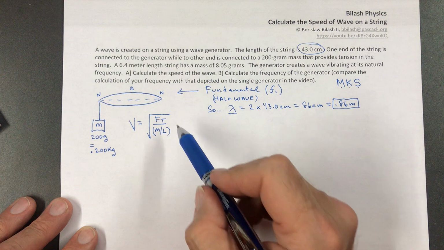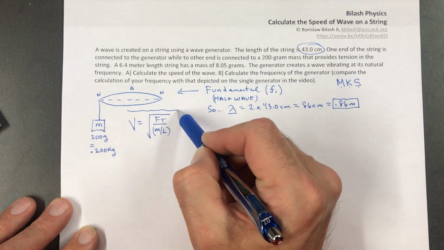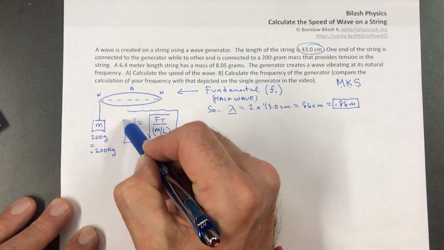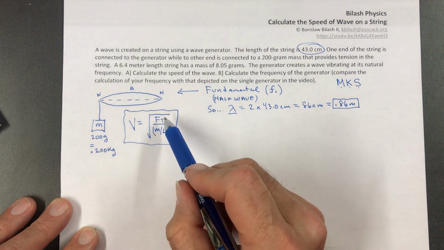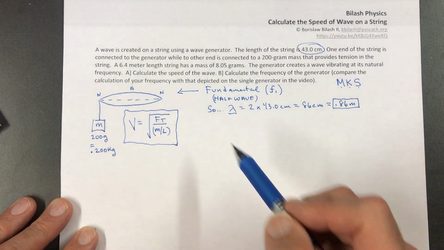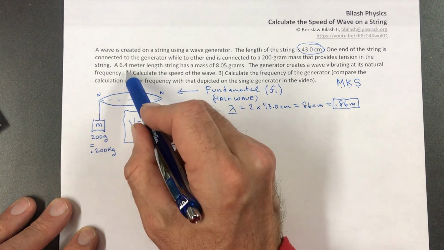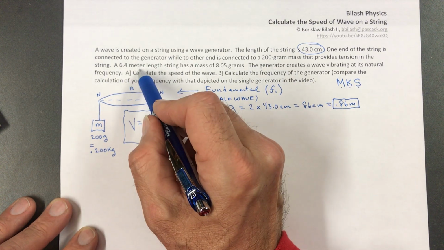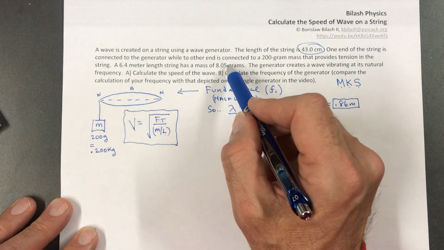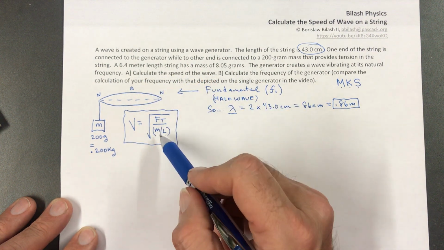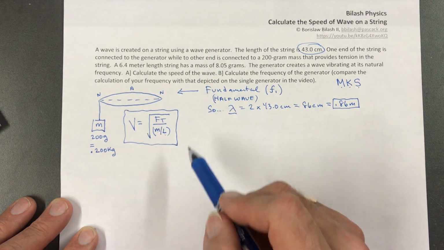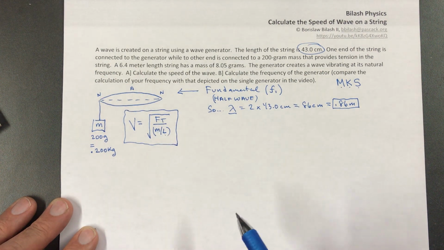Okay, so let's delve into this equation. What do we know so far? Well, we don't know any of these things, except we do know the mass and we do know the length. The mass of a long piece of string, 6.4 meters, and that length has that mass. So we can actually calculate m over L. But I need to figure out what Ft is.